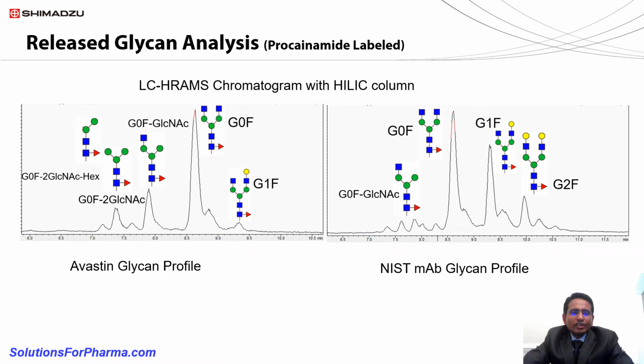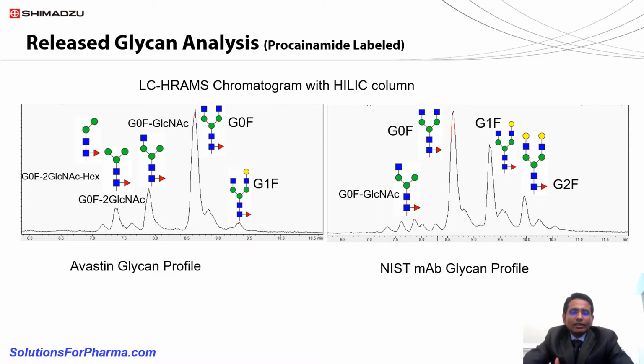To make the study complete, we also needed to do the released glycan analysis. After releasing the glycans, they need to be dyed with procainamide. That procainamide helps enhance fluorescence detectability.